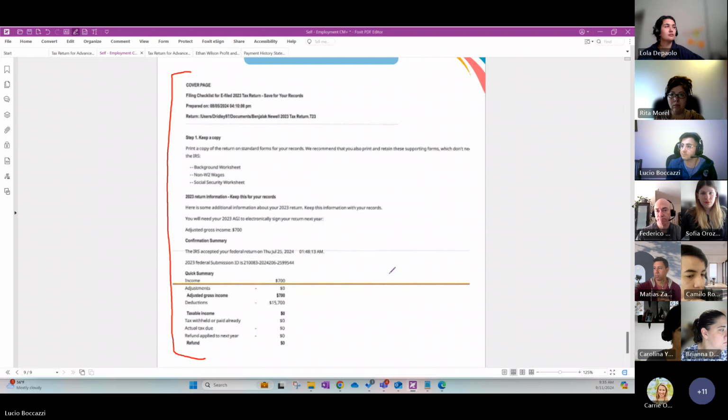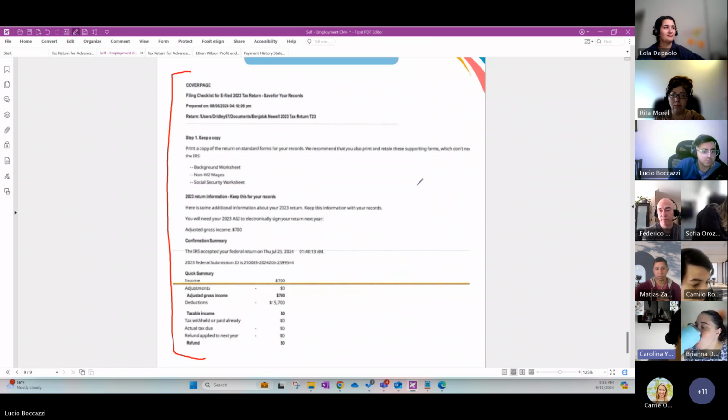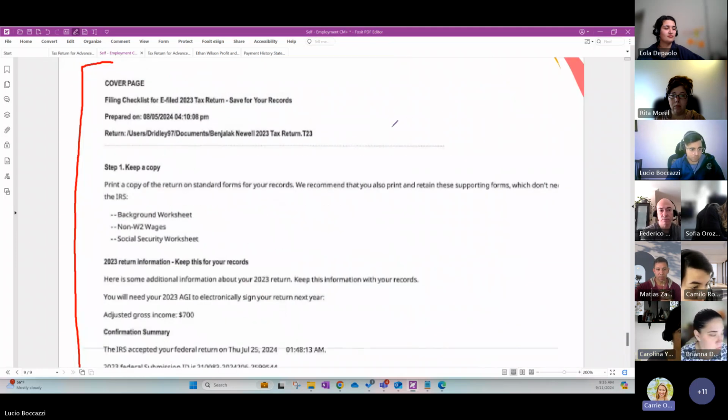Caro? And does it say anywhere that it says proof of transmission? Is there something that will let us know, okay, this is what we need? Zoom in a little bit on that, Lucia. I'll show you the keywords. Right there at the very top, e-filed 2023 tax return.